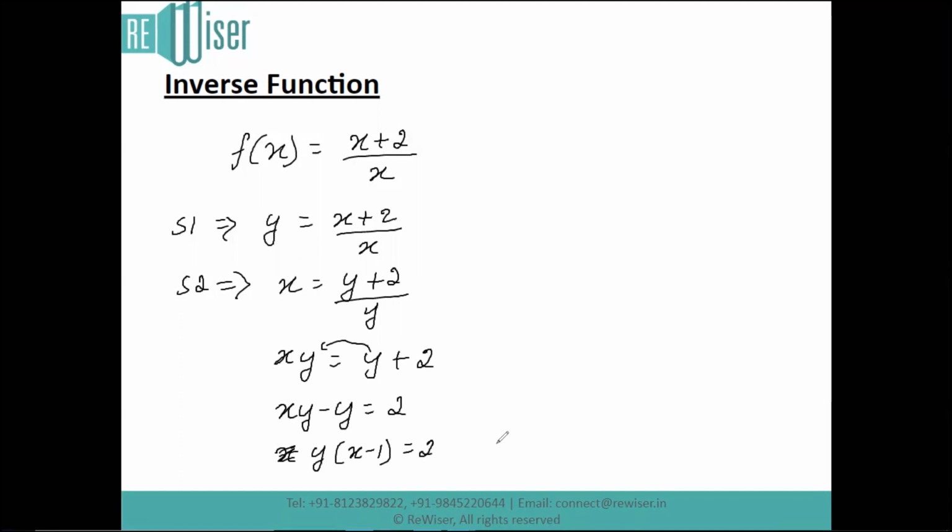In that case, y equals 2 over x minus 1, and this is nothing but the inverse of your function. So f inverse of x is 2 over x minus 1. If f of x is x plus 2 divided by x, then f inverse of x would be 2 over x minus 1. These are the standard steps I can use to find the inverse of any function.